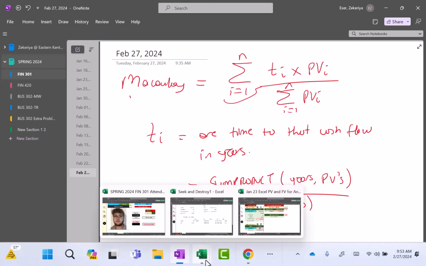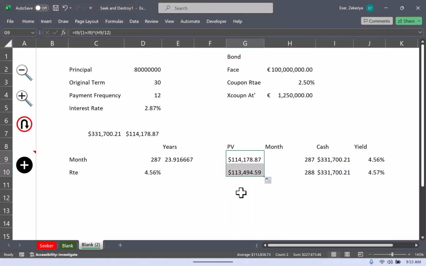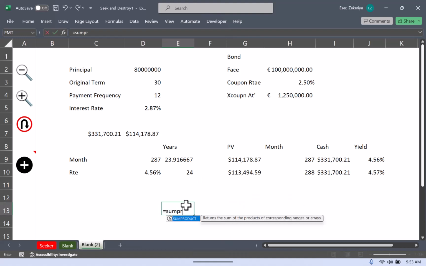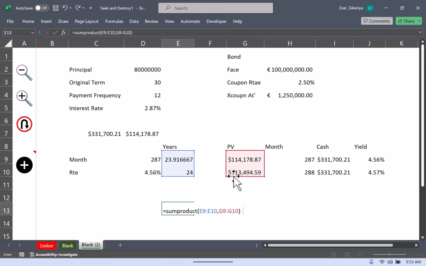suppose I have these, okay? Let me calculate the years from here. I'm going to do sum product of years with the PVs divided by sum of the PVs.